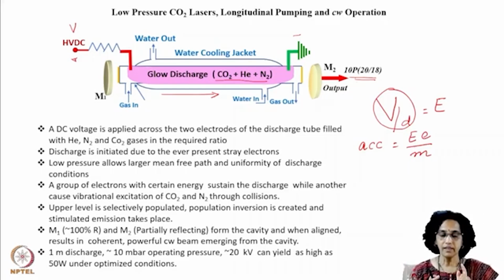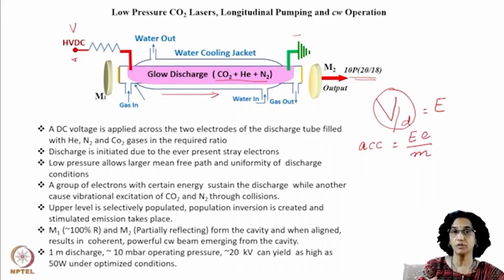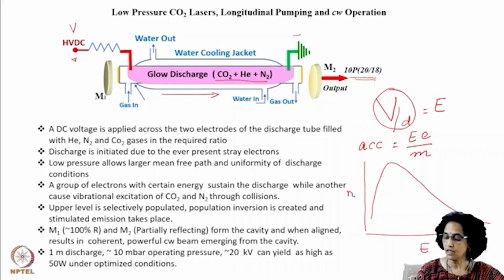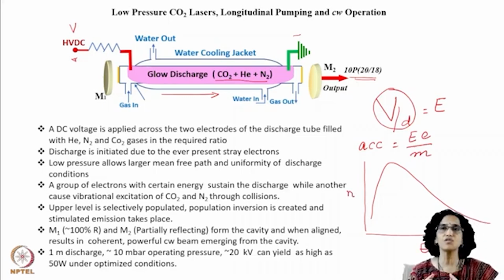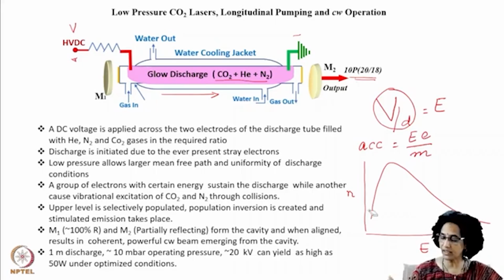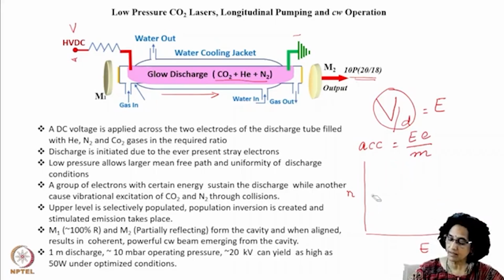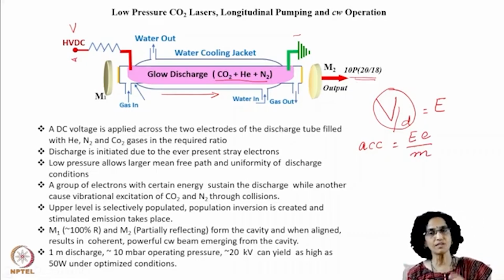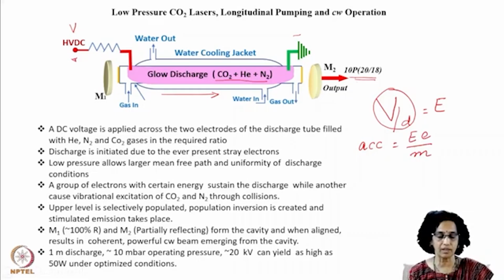Now, the electrons which are created need not be of the same energy. We know that they follow a Maxwellian distribution. This is energy and this is the number. So there are electrons of various energies, and electrons of a particular energy are efficient in selectively exciting the CO2 molecules as well as nitrogen, as we saw earlier.